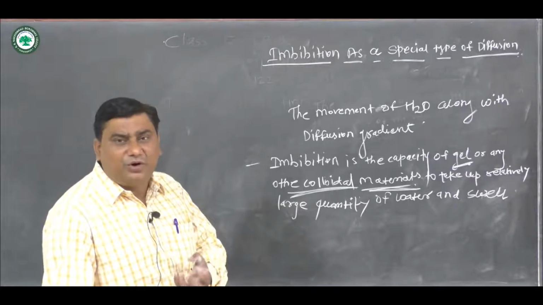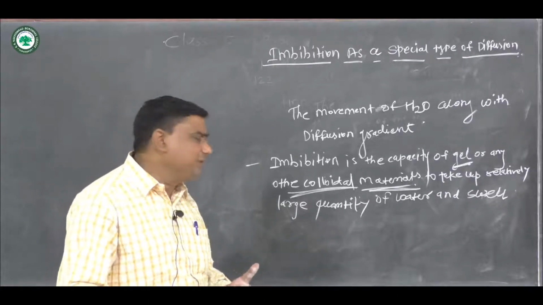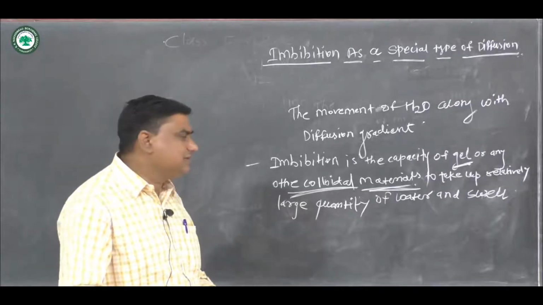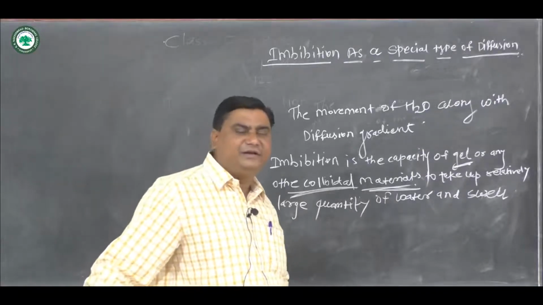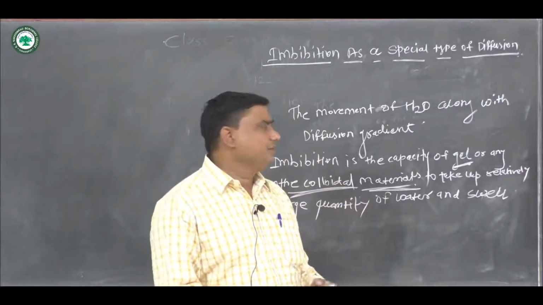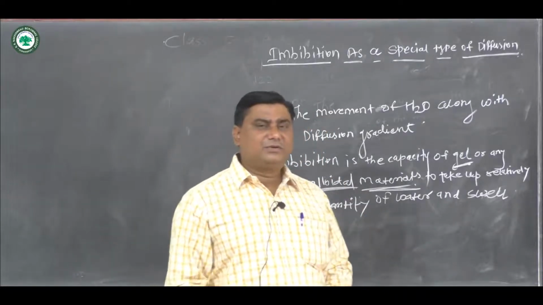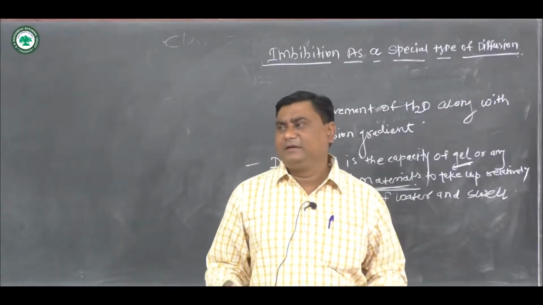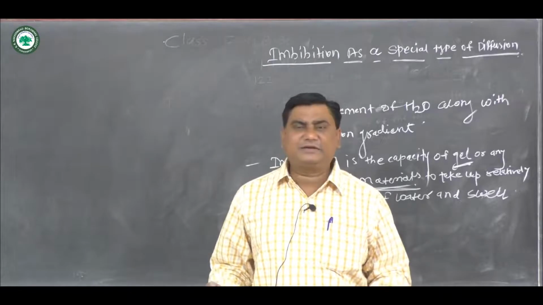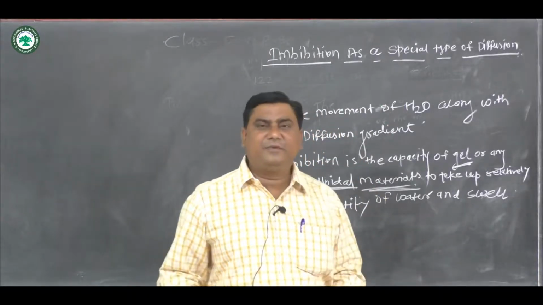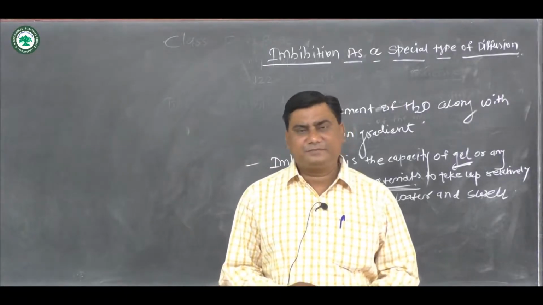Swelling of the seed coat is again an example of imbibition. Then seed coat, starch, cellulose, agar, gelatin, etc. These are examples of imbibition. So friends, this is about the concept of imbibition, its definition, and imbibition as a special type of diffusion. Okay, thank you.